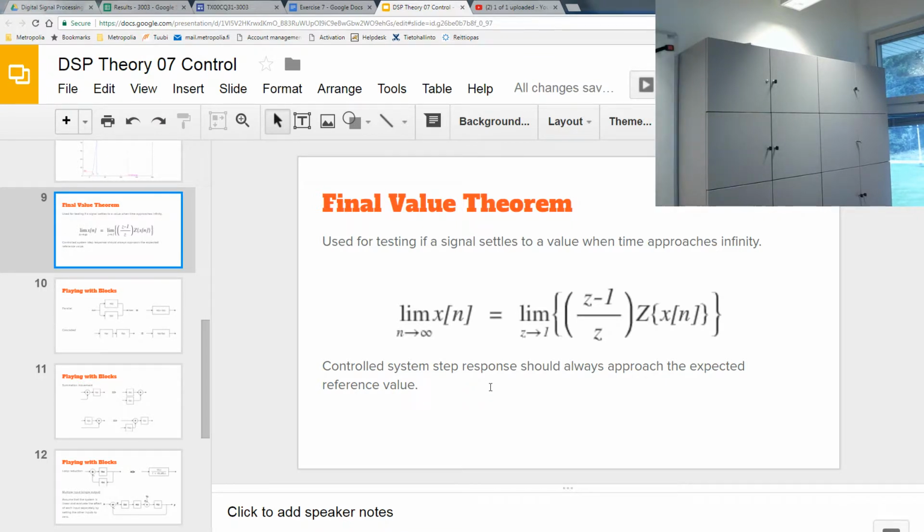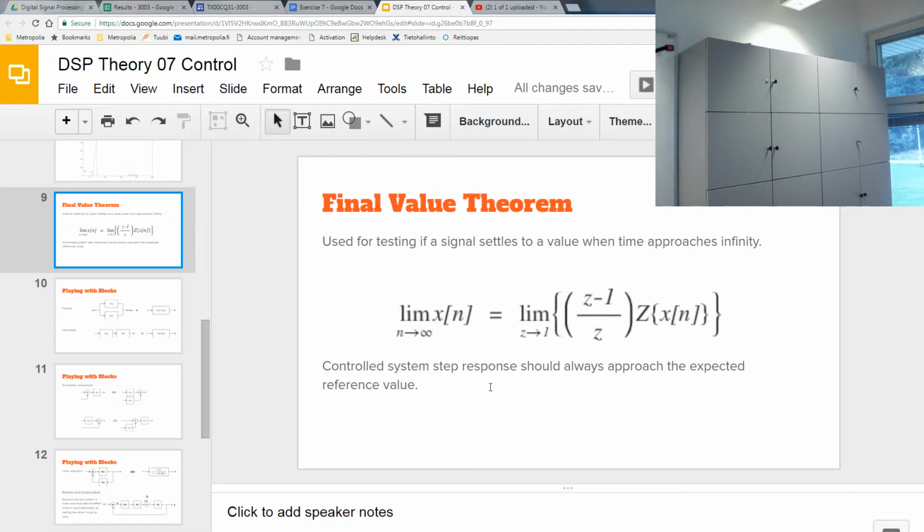Okay, the final value theorem says, it's the same thing. If you want to find the last point, the point where this is going to settle, with z minus 1 over z, and then this is a z transform of this x of n.